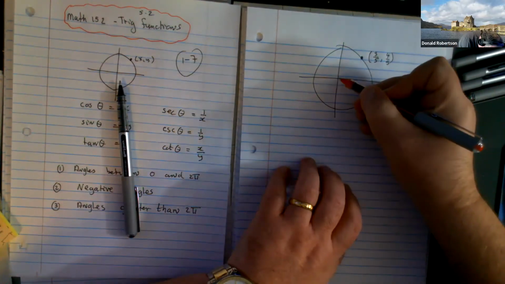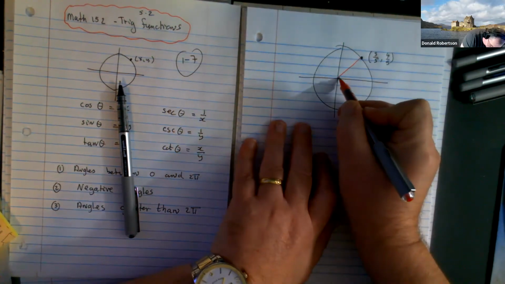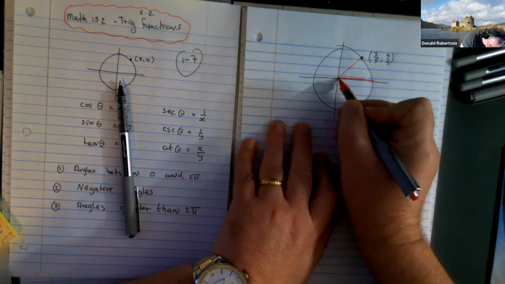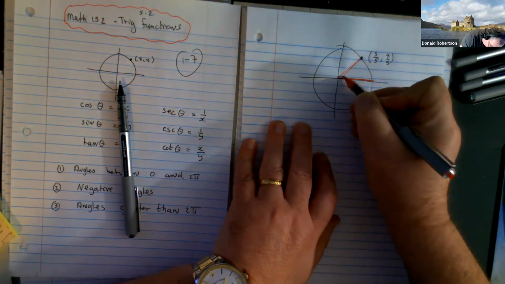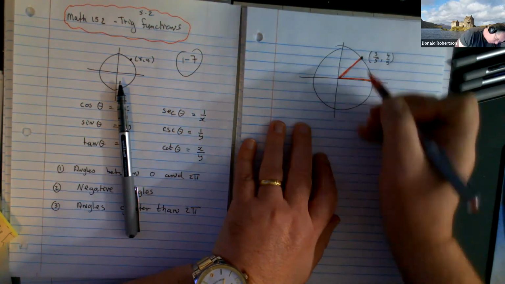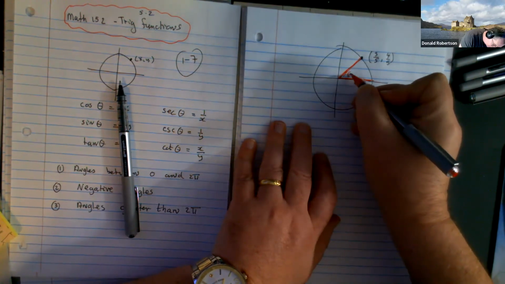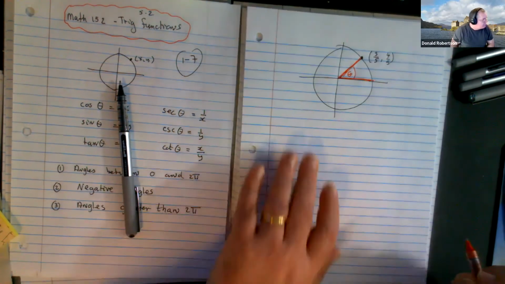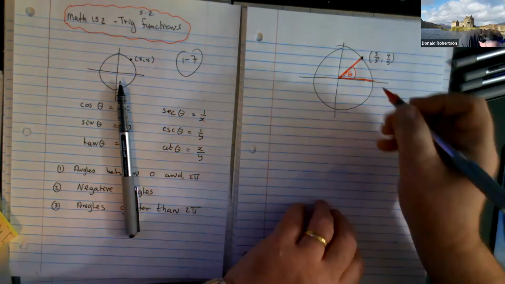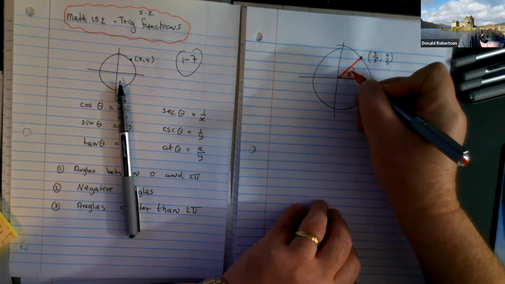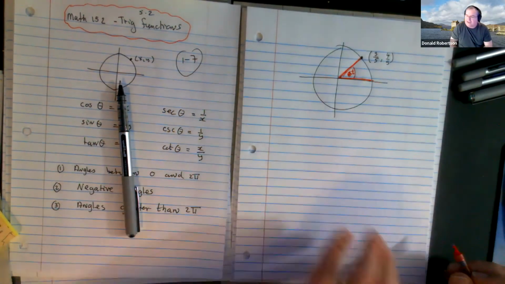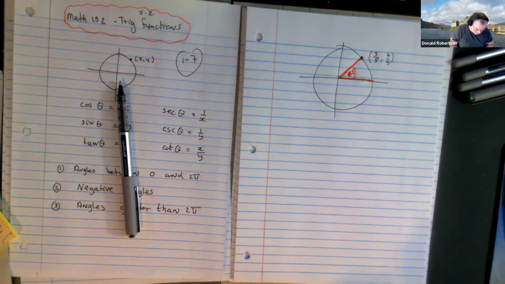Now, if I join this guy to here and I join this guy along the x-axis, then this angle in here is called theta. Actually, for some reason better known to themselves, they call it t. So I might as well call it the letter of the alphabet they want.